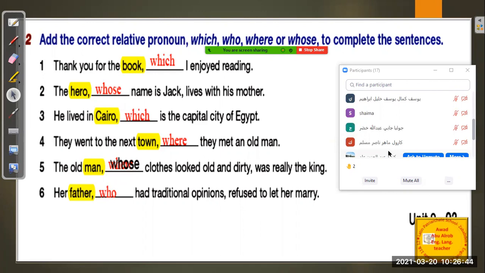Thank you for the book which I enjoyed reading. Okay, Carol, number 2. The hero, whose name is Jack, lived with his mother. Kais, number 3. Come on, Kais.